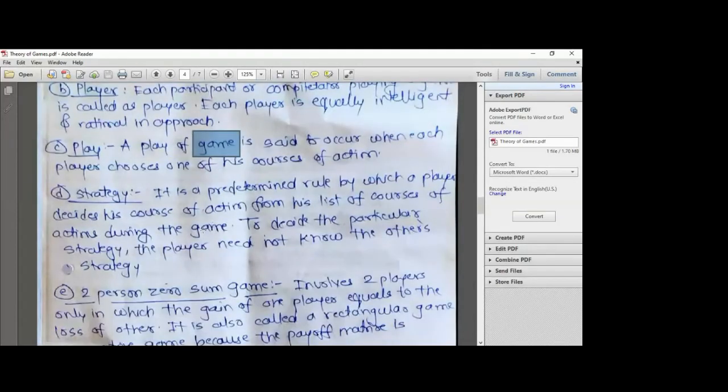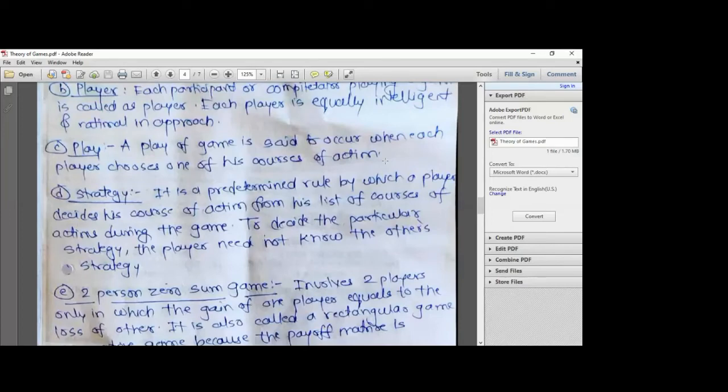All right. So what is a strategy? It is a predetermined rule by which a player decides his course of action from his list of courses of action during the game. To decide the particular strategy, the player need not know the other's strategy. Very, very important, right? So a strategy is a predetermined rule by which the player will decide his own course of action amongst the various courses of action in his list.